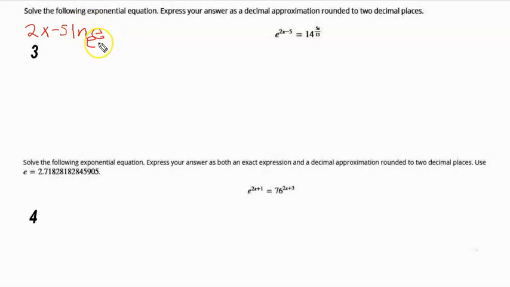And remember, all of this is going to become a 1 here. We'll leave it there for a moment. And then on this side, it's going to be natural log of 14. And our exponent that we're going to put out in front here is 5x over 13.